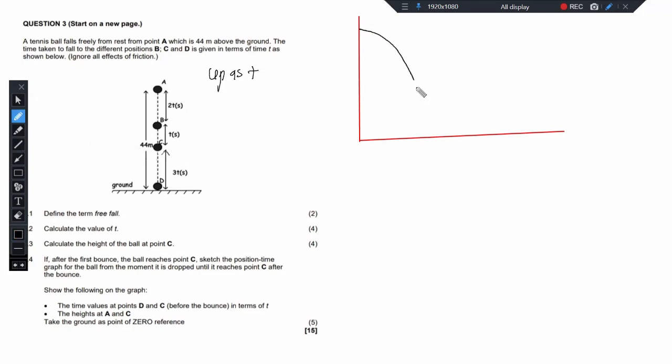So simply you just show the trajectory of the ball. The position versus time graph would have to be the most simplest to draw, because you just show what the ball does. So it's from a height of 44 meters, and then it drops all the way down to the ground. And then from the ground, it bounces back up to point C. And then we did calculate. Everything that you are going to substitute or put in your graph is something that you have already calculated.